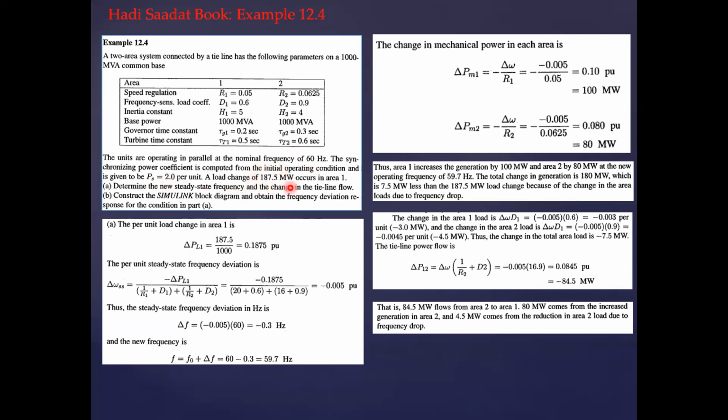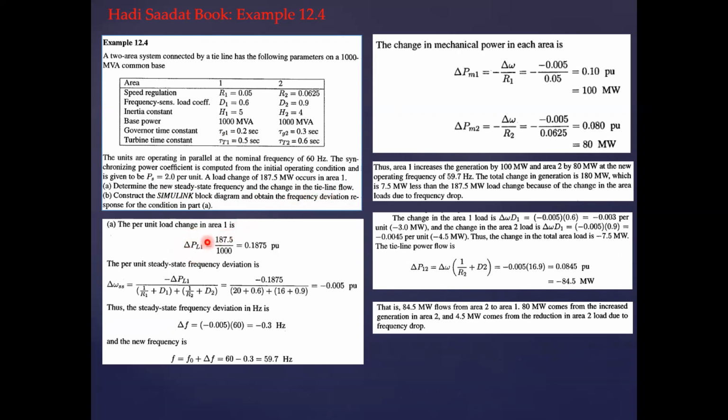You have a load change in area 1, and then you determine the steady state frequency deviation and the tie-line power flow. Also you can make your own Simulink model to get the time domain response of the frequency deviation.